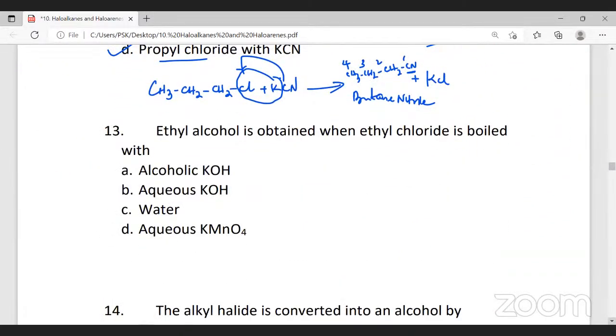The next question: ethyl alcohol is obtained when ethyl chloride is heated with what? The options are alcoholic KOH, aqueous KOH, water, aqueous potassium permanganate.